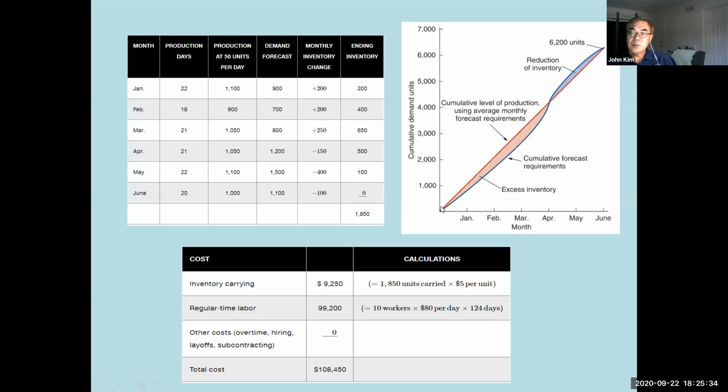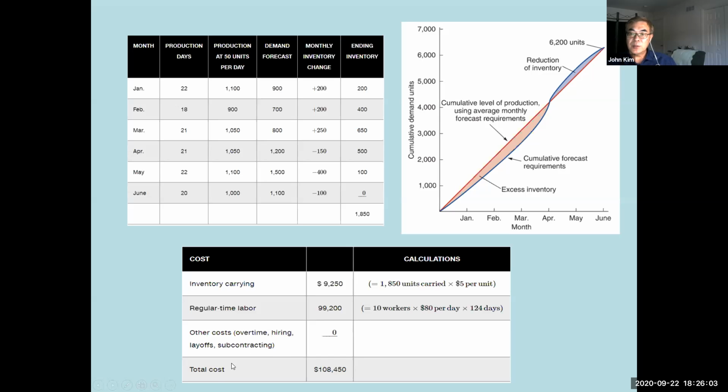So it's like that. This is the planned production. This is the cumulative production, and then this one is projected demand. So there is no inventory, and so on.